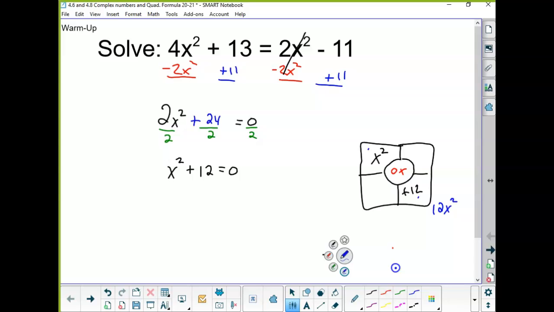But you're going to know that this is not worth doing because 12 is not a perfect square number. And there aren't any factors of 12 that multiply together that add up to give me 0. So factoring does not work in this case, just so you're aware.